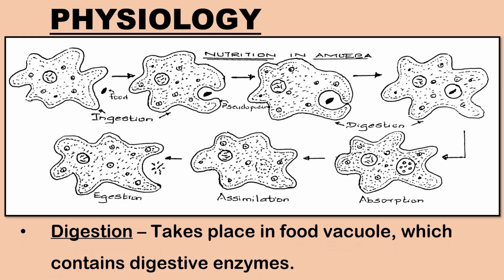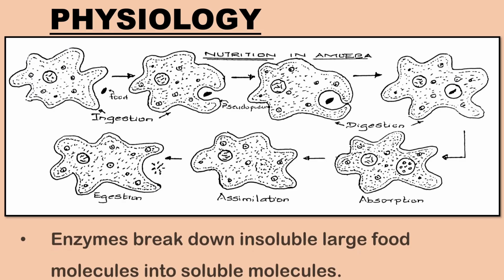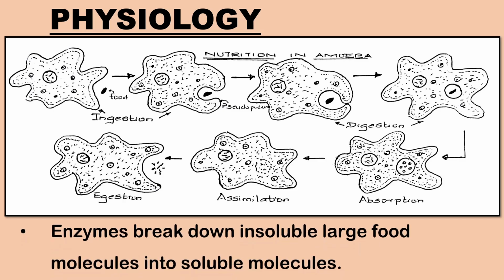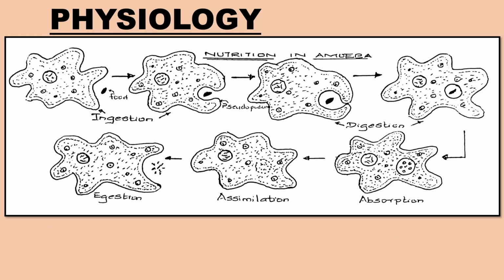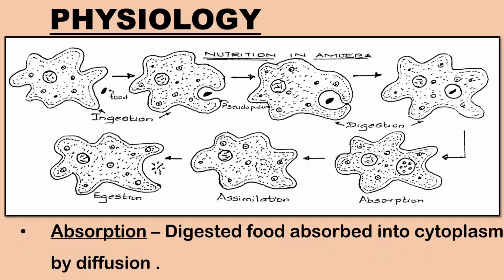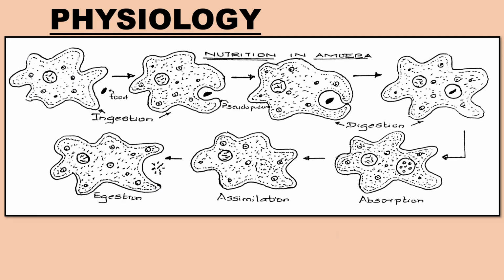Digestion takes place in the food vacuole, which contains several digestive enzymes like amylase, lipase, and proteases. These enzymes break down the insoluble large food molecules into soluble molecules. The digested food passes through the membrane of food vacuole and is absorbed in the cytoplasm by diffusion.